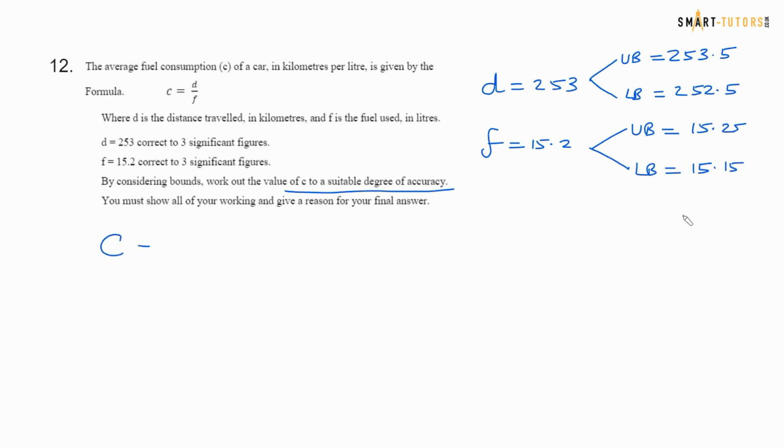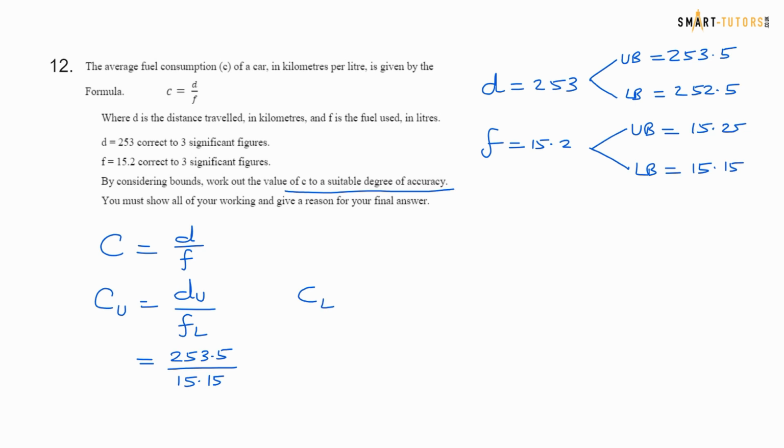So C equals D over F. You need to understand what C's upper bound is. C's upper bound is going to be D upper divided by F lower. So D upper is 253.5 divided by F lower, 15.15.